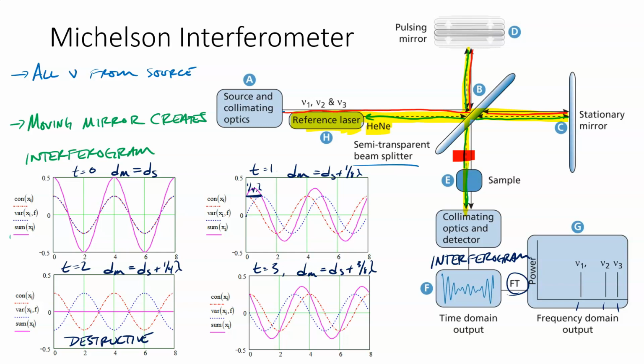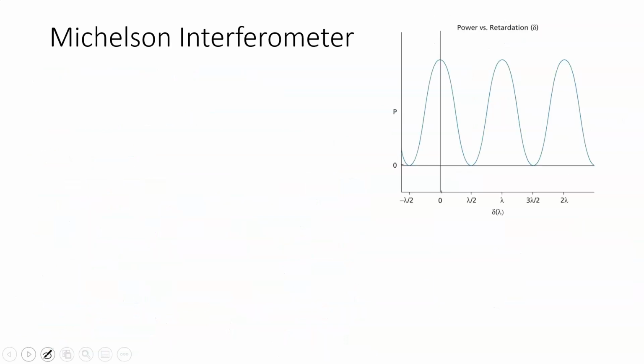So again, this Michelson interferometer works to create this power curve, and this power curve is created for every wavelength, right? So we get one of these. I should say for every frequency if I'm going to keep things consistent with the book. Right?